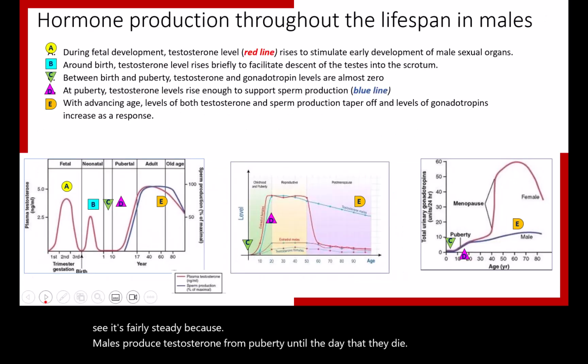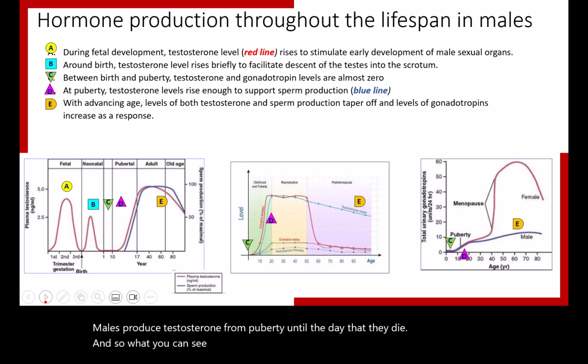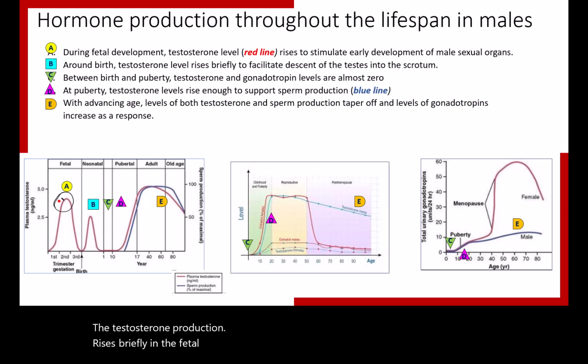And so what you can see here is the hormone production throughout the lifespan in males. And what you can see here is that the testosterone production rises briefly in the fetal period to stimulate the early development of the male sexual organs, as we talked about before.